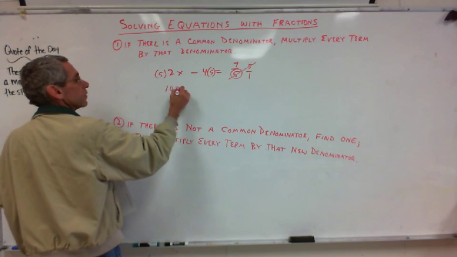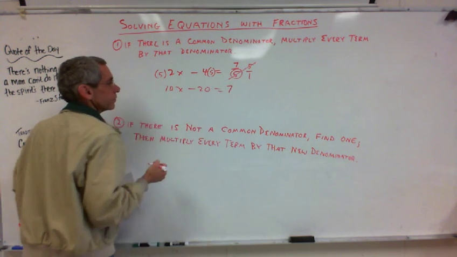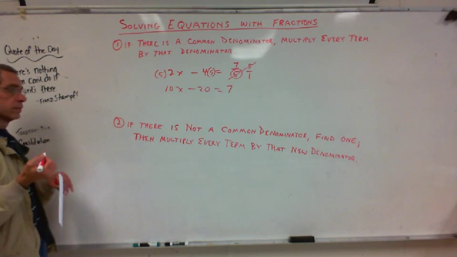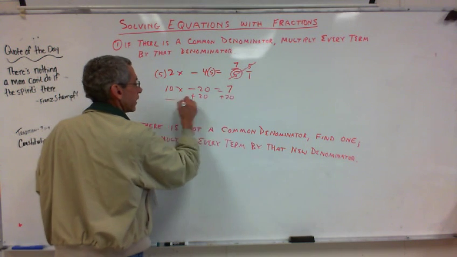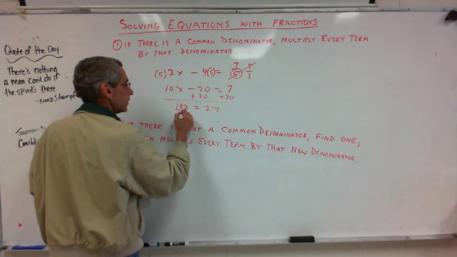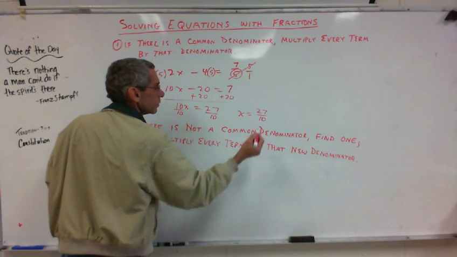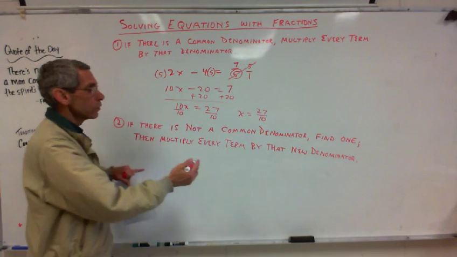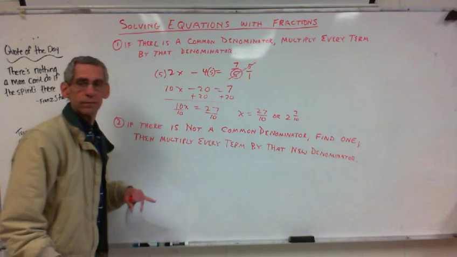So I have 10x minus 20 is equal to 7. Add 20, I have 10x is equal to 27, divide by 10, x is equal to 27 tenths, or 2 and 7 tenths.